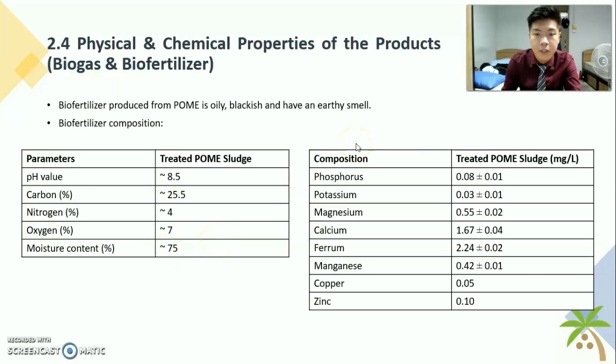And it consists of the composition of phosphorus with less than 1 milligram per liter, potassium, magnesium, and calcium, iron, manganese, copper, and zinc. The composition of calcium and ferrous will be more than 1 milligram per liter, which is above the allowable limit.